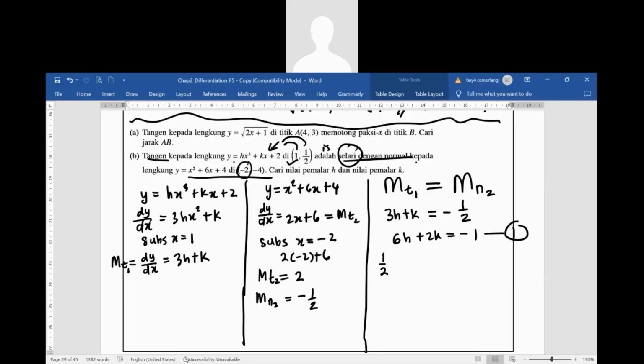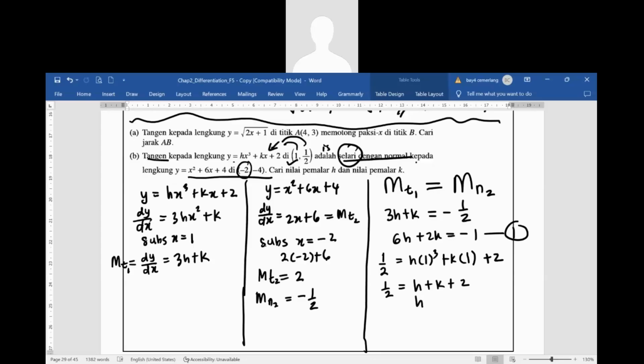Because this curve also passes through this point, 1 over 2 equals h times 1 cubed plus k times 1 plus 2. From here, 1 over 2 equals h plus k plus 2.